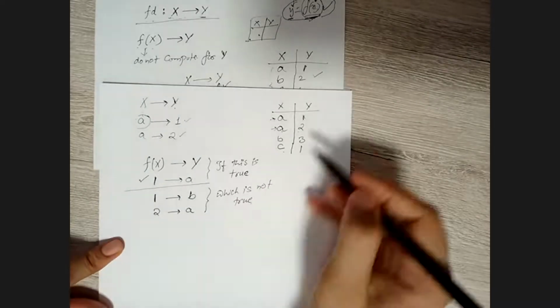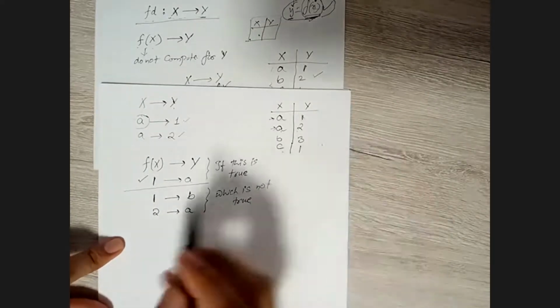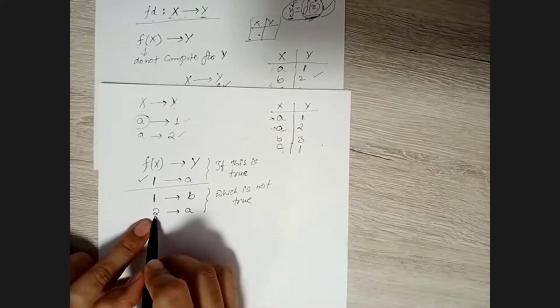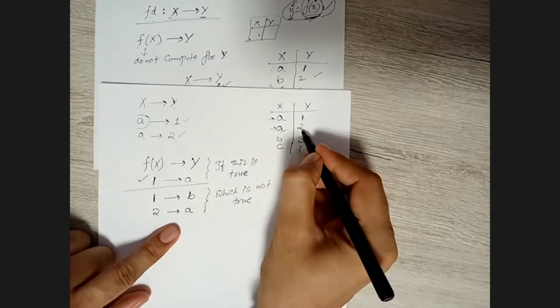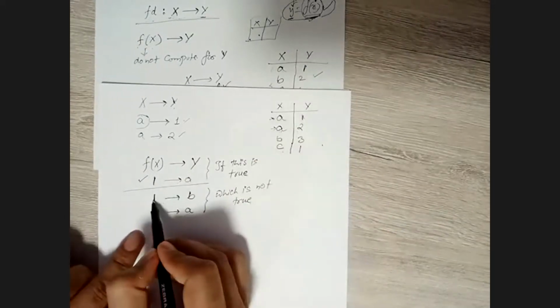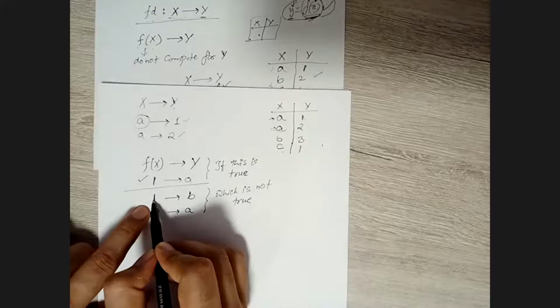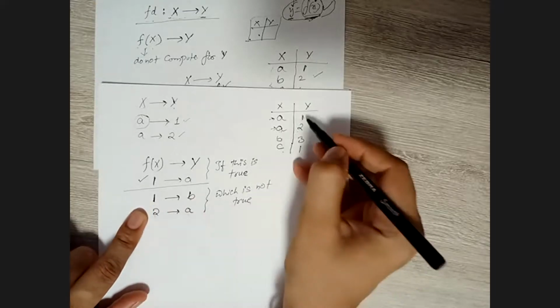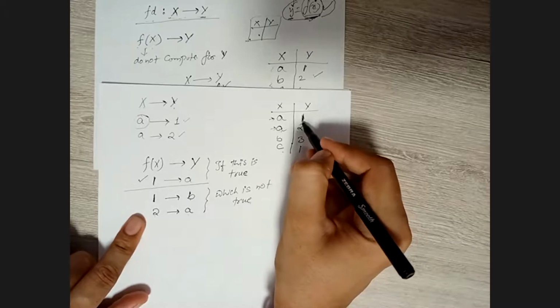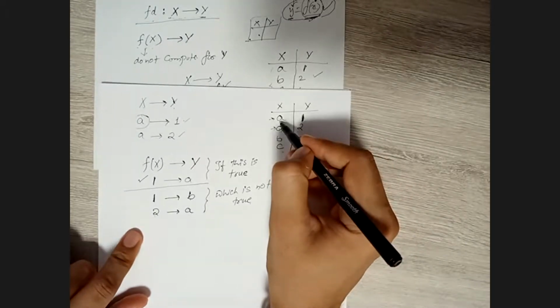See, by looking at this database table, when we have the 2, we get to know the value of 2 came from a. This is what we are saying. But this implies that when we have the value 1, it is received from the value b over here. But that is not the case. When we have the value of 1, it came from the value a, not from the b.